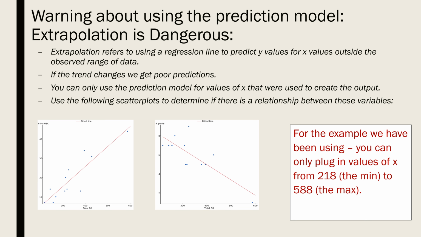For example, you can only plug in values of x from 218 to 588. 218 is the minimum value. 588 is the maximum value. It means the minimum value and the maximum value we recorded or observed during USC games.